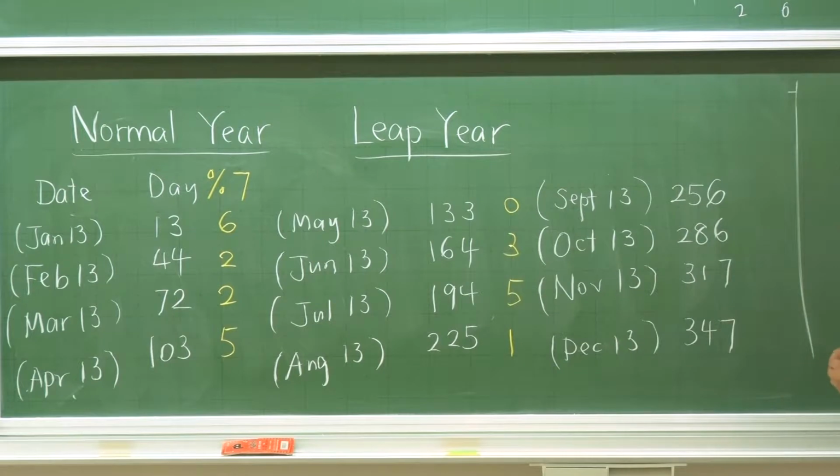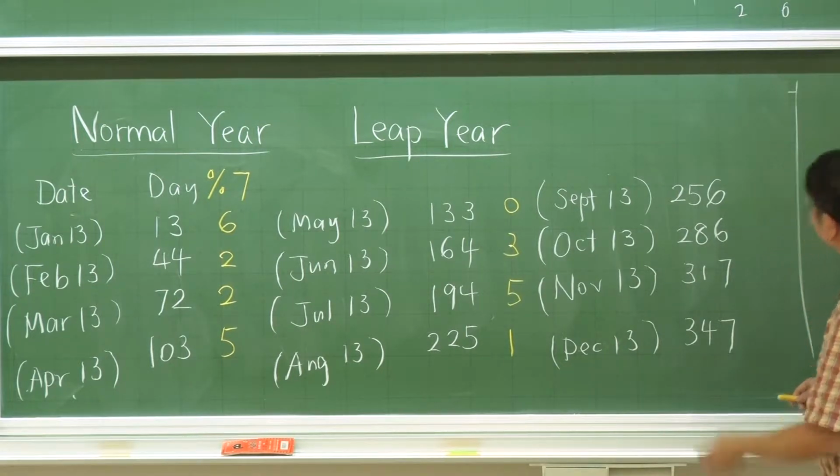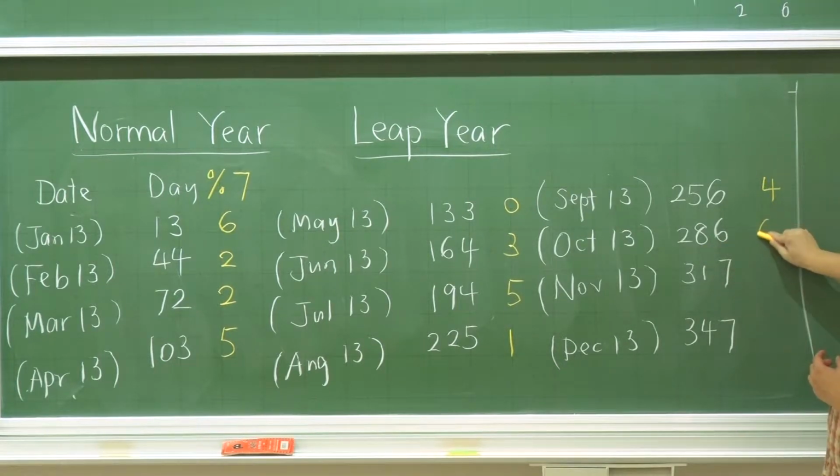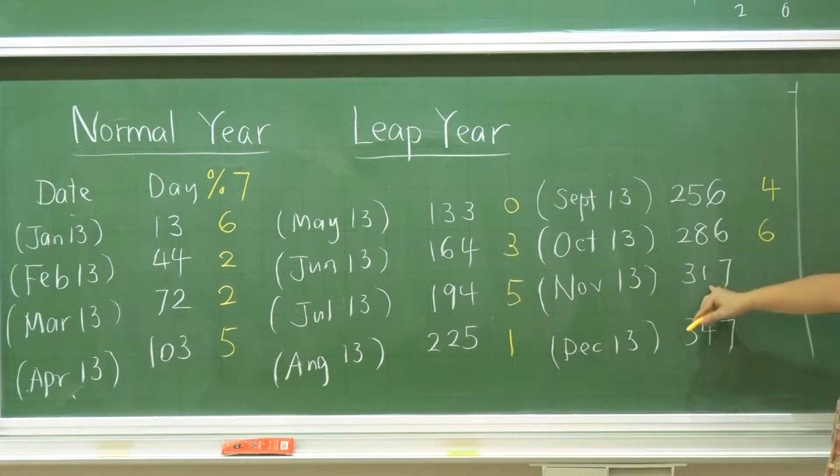Okay, very good. 256, 4. Okay, good. This one I know, 6. This one, 2. Okay, good. And then this one is minus 3, so it is 4.